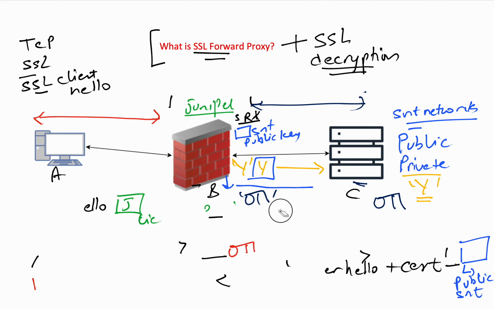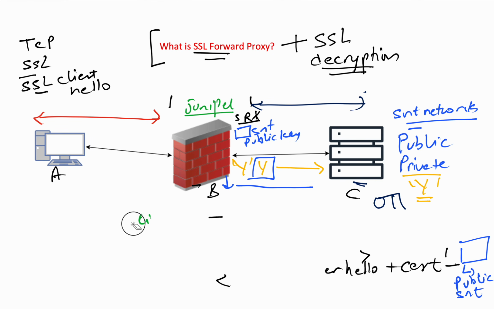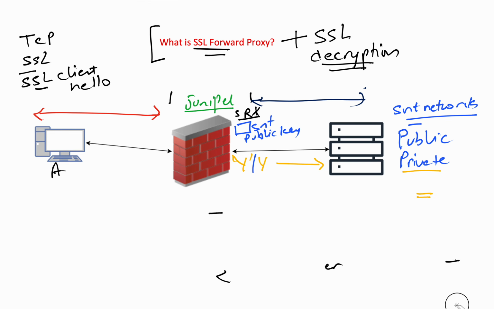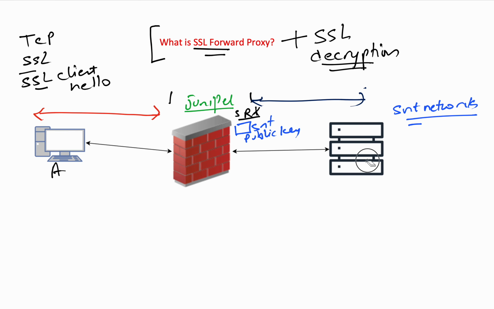Let me just explain this briefly. You just have to remember that we have two keys now: one key we have here which is being used, and the other key we have here which is being used.